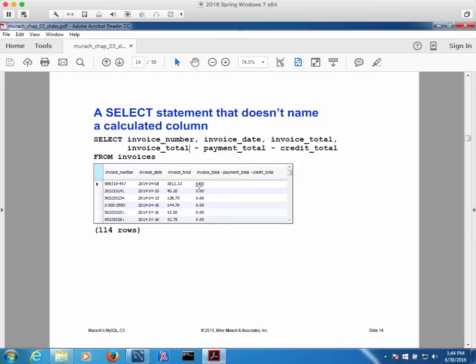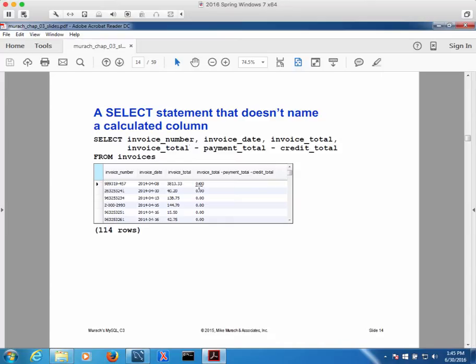Here's a select statement that doesn't name a calculated column. So we have a fourth column here, and we show a formula for it. And if we don't use an as option, then MySQL is just going to name the column according to the formula that we gave it, because it really doesn't have any other reasonable name to give it.